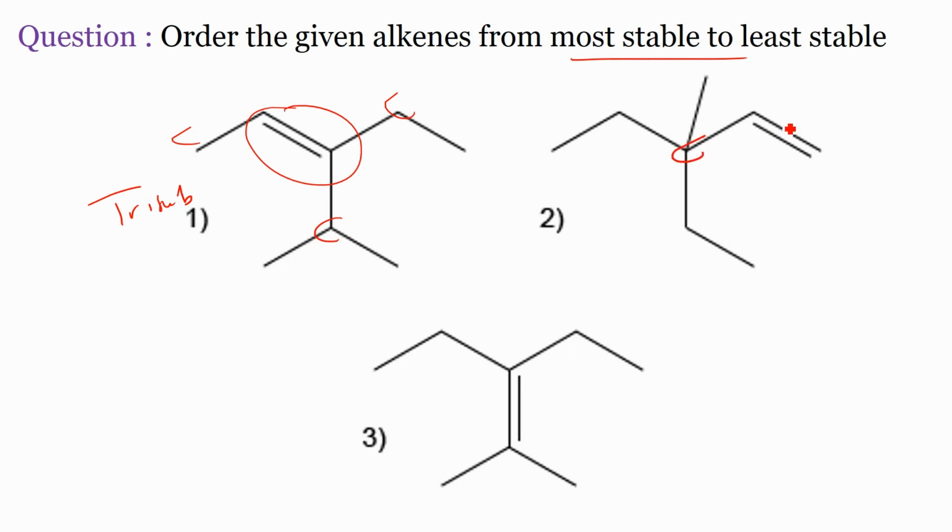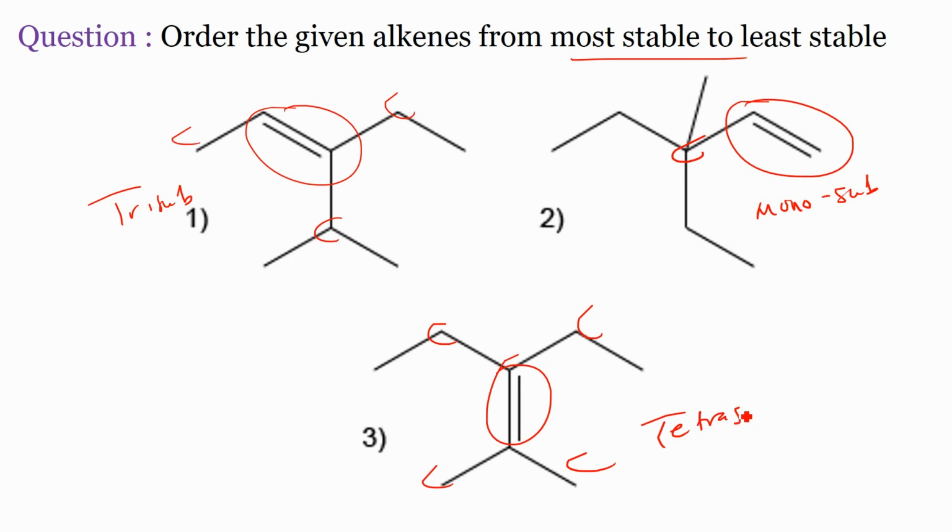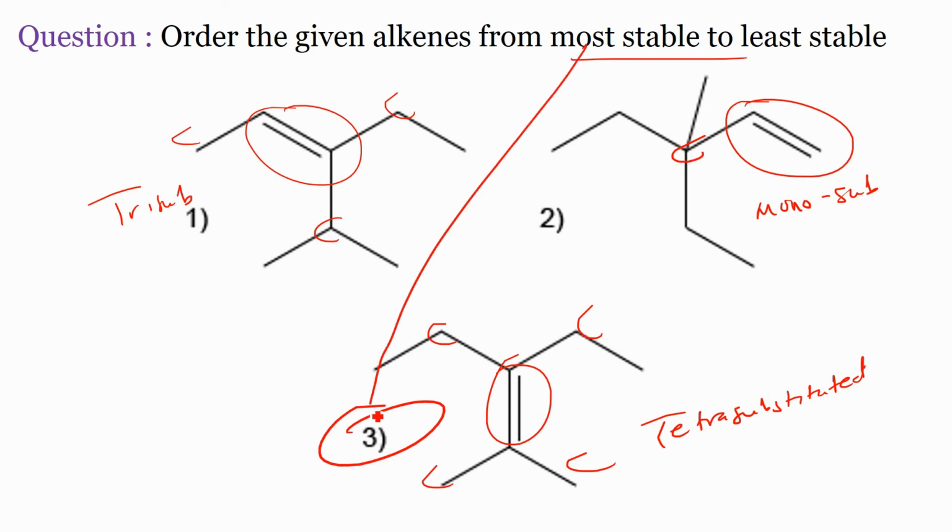There is a carbon there, there's no other carbon, this is monosubstituted, and then there's a carbon, this is tetrasubstituted. So the tetrasubstituted will be the most stable over the trisubstituted and the monosubstituted according to this rule.